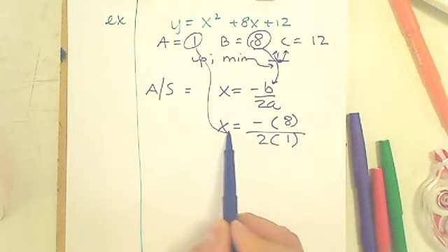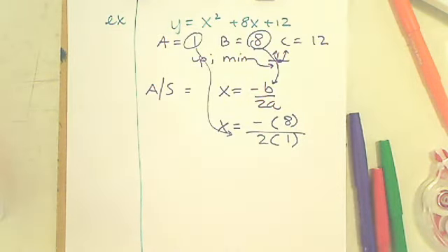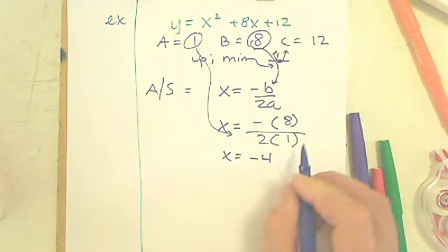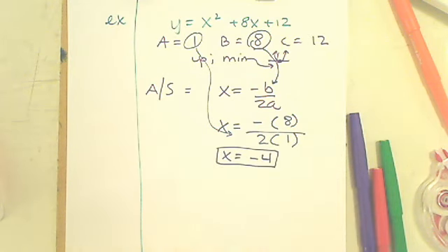What's negative 8 divided by 2? Negative 4. The graph is divided at negative 4.